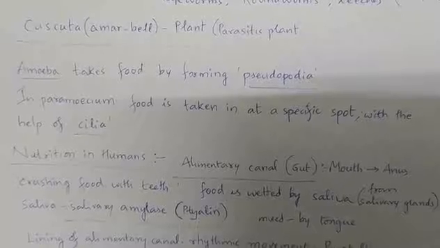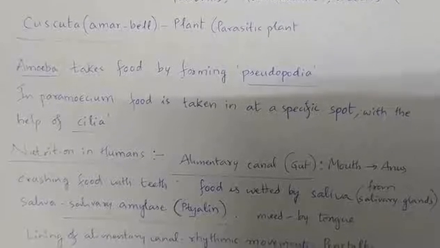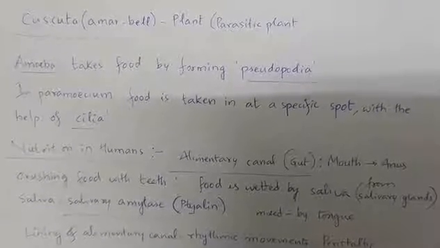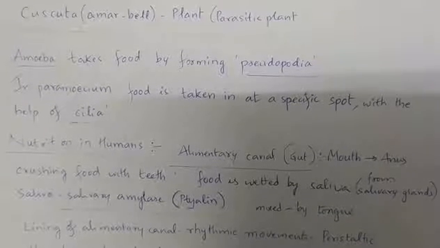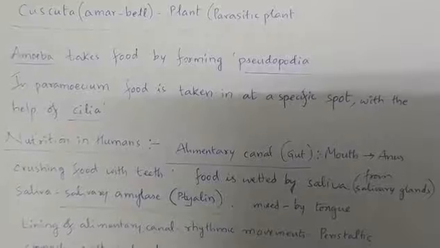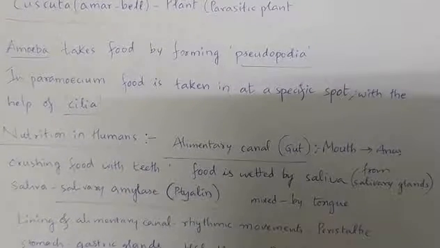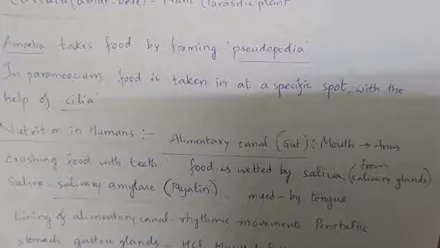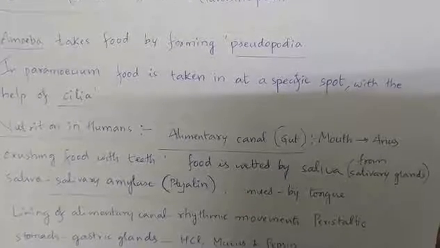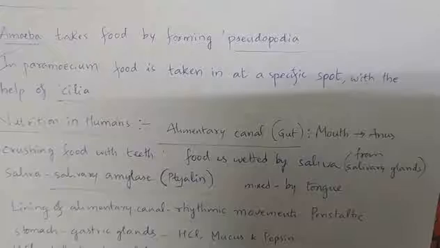The nutrition in unicellular heterotrophic animals is different from that of complex multicellular animals. We are not going to discuss the nutrition of all complex multicellular animals, but we are going to discuss nutrition in humans.